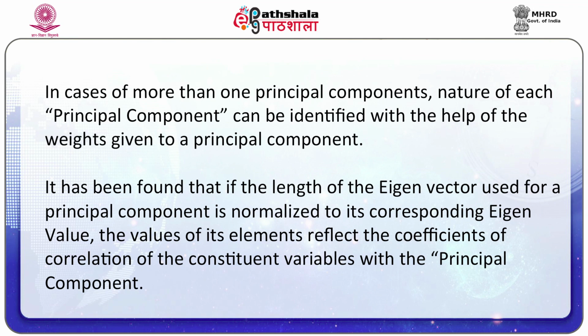In cases of more than one principal component, the nature of each principal component can be identified with the help of the weights given to a principal component. It has been found that if the length of the eigenvector used for a principal component is normalized to its corresponding eigenvalue, the values of its elements reflect the coefficients of correlation of the constituent variables with the principal component.